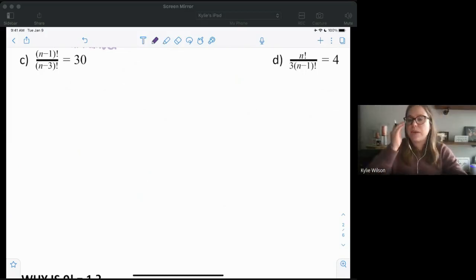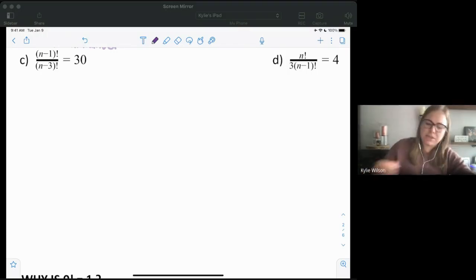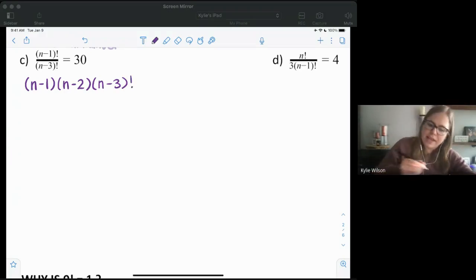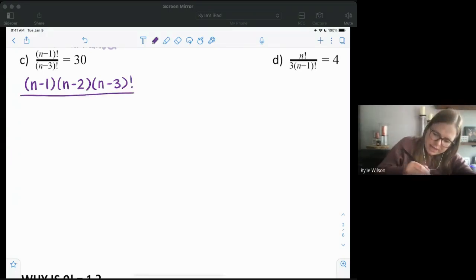The first thing we want to do is identify which one's larger, the numerator or the denominator. In the numerator we've subtracted 1, in the denominator we've subtracted 3. So the numerator is definitely larger, and we're going to expand the numerator. n minus 1, n minus 2, n minus 3 factorial, and we divide this by n minus 3 factorial.